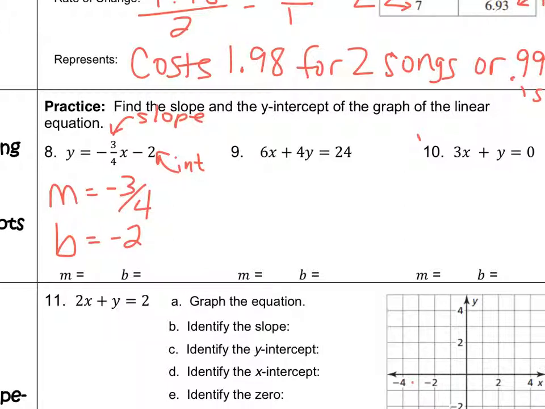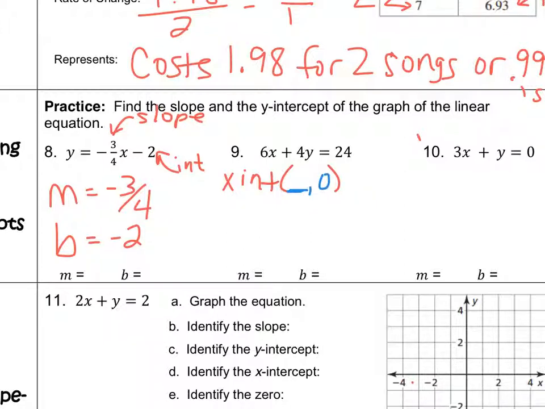Okay, so this is just like we did a couple of classes ago. If we want to find the x-intercept, we know an intercept has to have a 0. So x-intercept, we want a value for x, so y has to be 0.